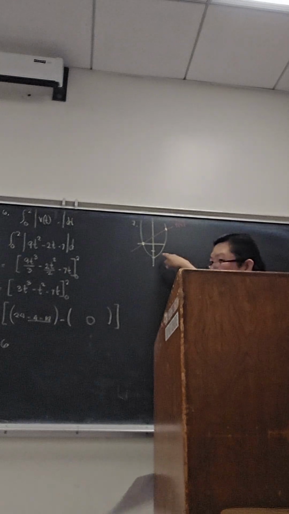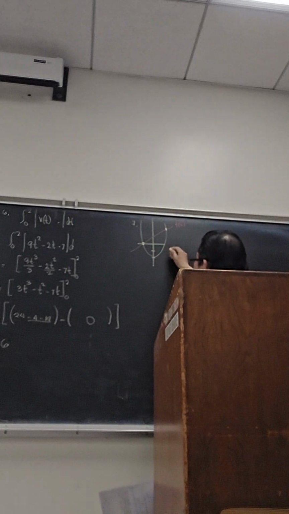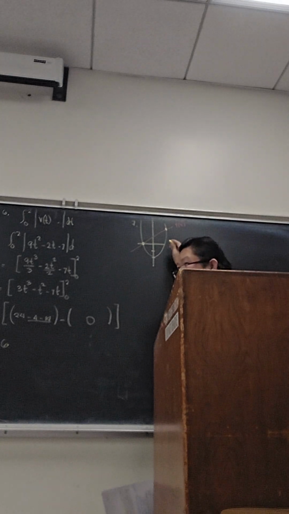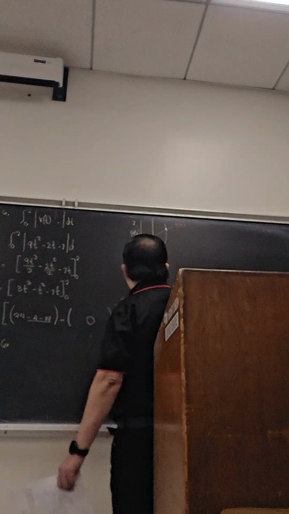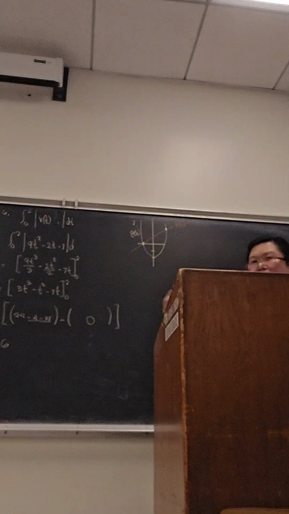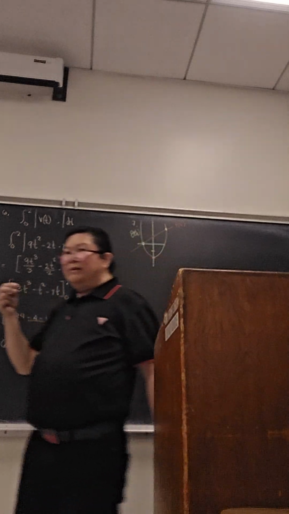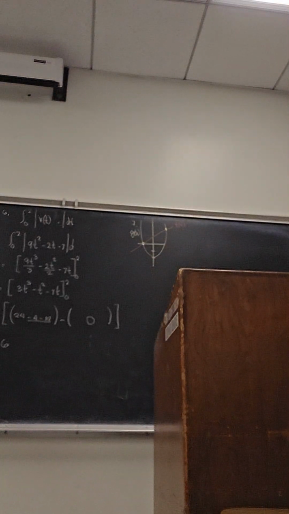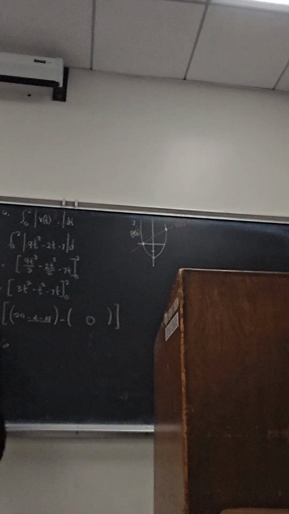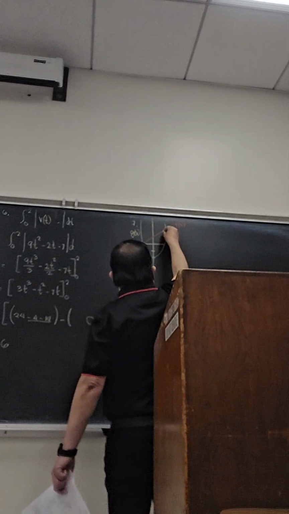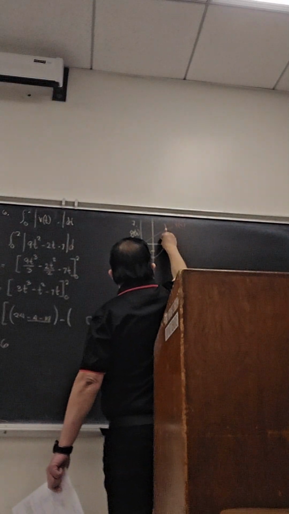And what is below is the g of x, okay? The yellow is the g of x. Now remember, area is f of x minus g of x, the upper curve minus the lower curve. So we are trying to solve for the area of this region.